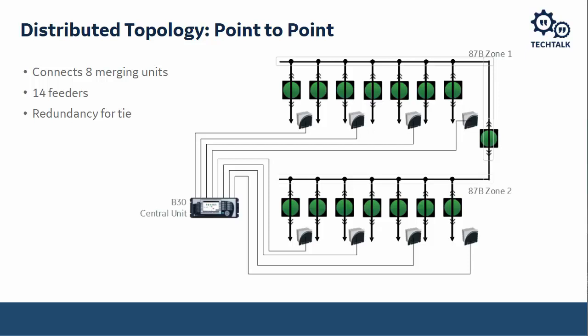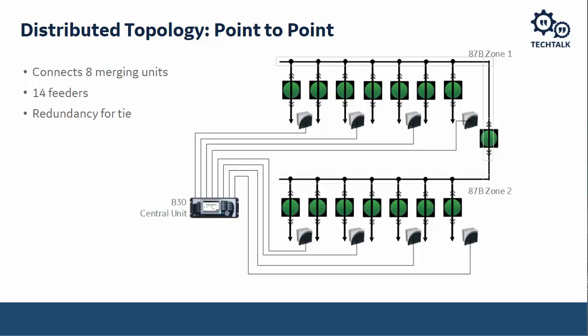But with those 8 ports and those 8 merging units, since each merging unit can be connected to up to 2 sets of CTs, I can have currents wired from 2 sets of breakers. So for this particular architecture, with those 8 merging units, I can protect up to 14 feeders.